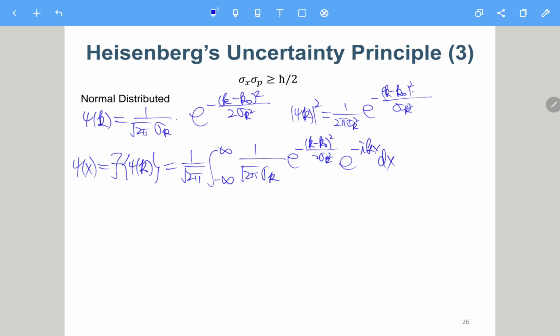You may ask why I put 1 over square root of 2 pi here. It is just for normalizing the Fourier transform and inverse Fourier transform.